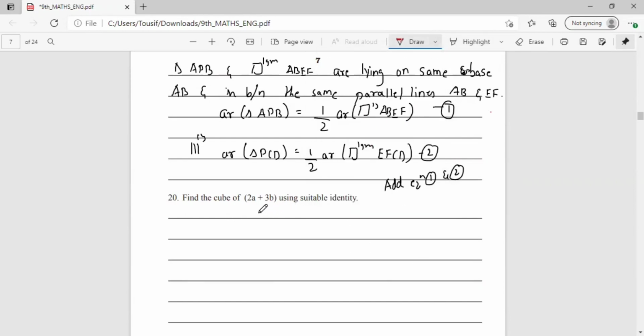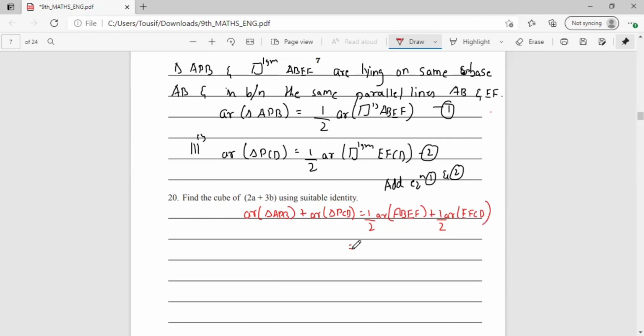That is, area of triangle APB plus area of triangle PCD is equal to half the area of parallelogram ABEF plus half the area of parallelogram EFCD. I'll write directly, not writing the symbol of parallelogram.